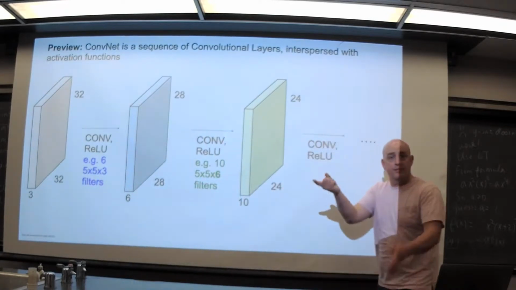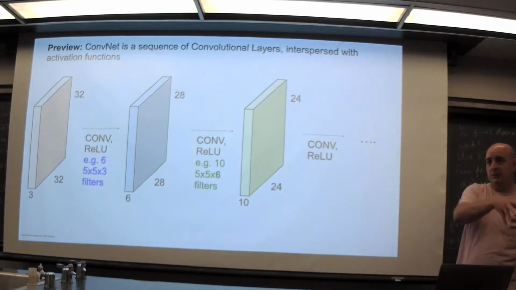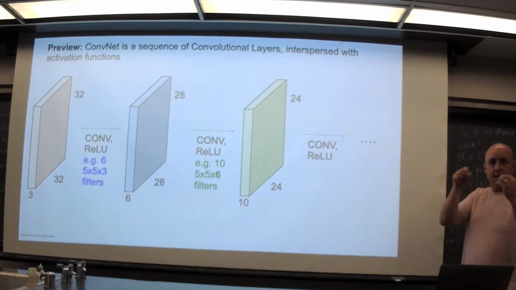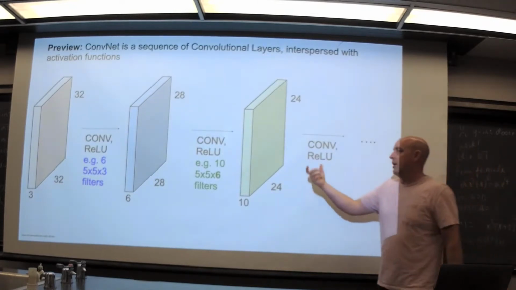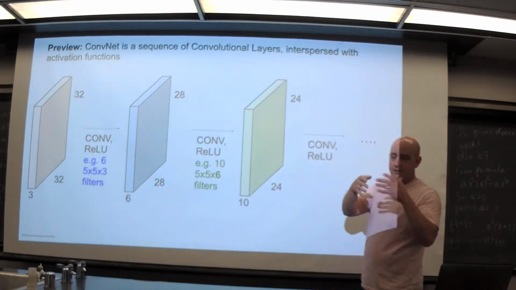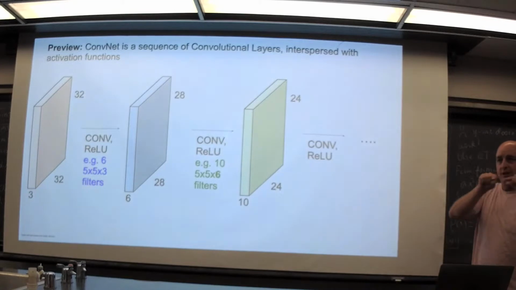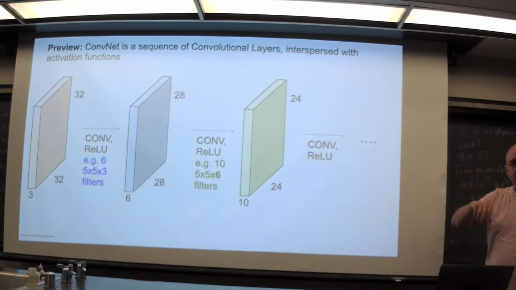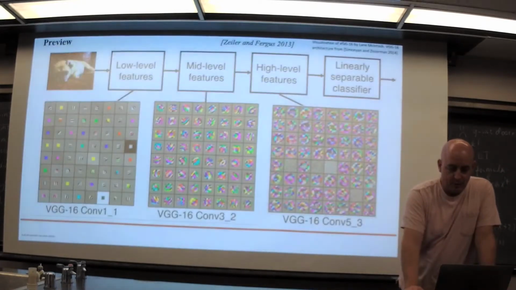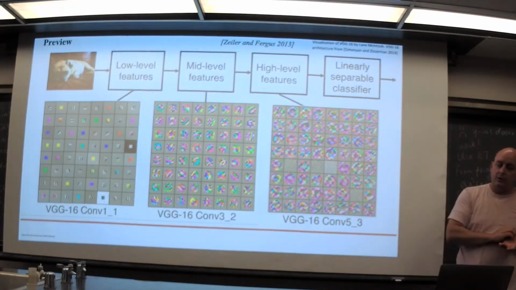Since we used 6 filters in the previous convolutional layer, that gave us an output feature map that had a depth of 6. And so our filters for the next convolutional layer need to have that same depth, so that there are parameters for all of the pixels, in this case kind of abstract pixels in the feature map. And you can imagine, you can just keep doing this. No problem.